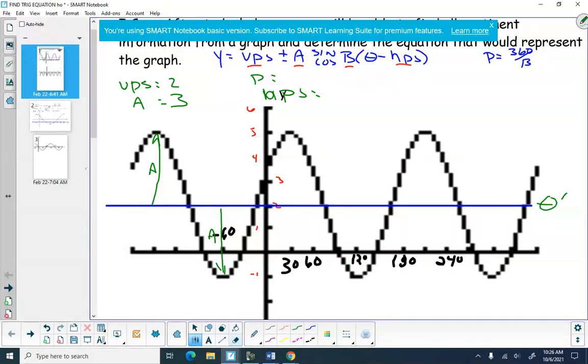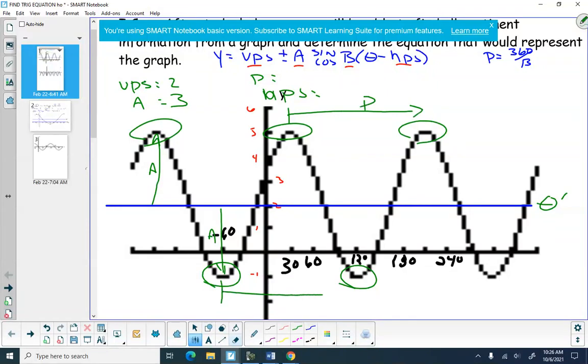The next thing is to find the period. To find the period, we can go from peak to peak or valley to valley. That's usually the easiest, because those are critical values that are typically given in a problem. If I go from valley to valley, or peak to peak, it does not matter. This is the period.